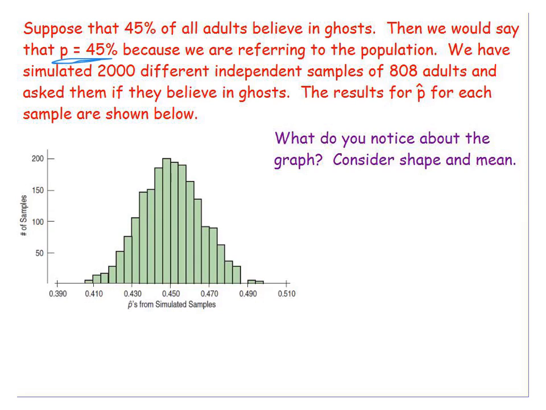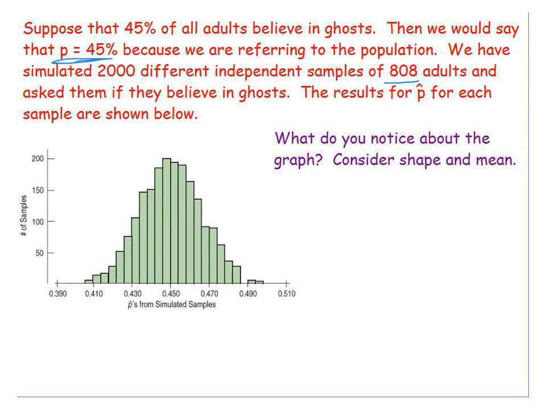We have simulated 2,000 different independent samples of 808 adults. So we went through and we took the entire population and we gathered samples of 808 people. And we did this 2,000 different times with 2,000 different samples. And we asked them the same question.